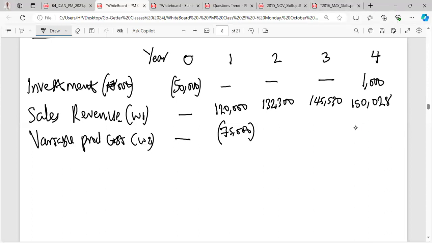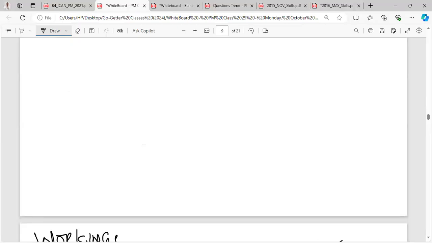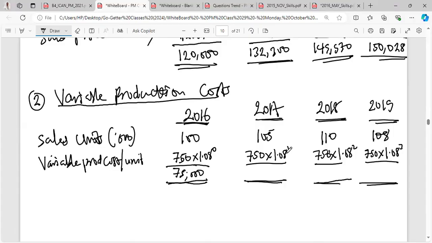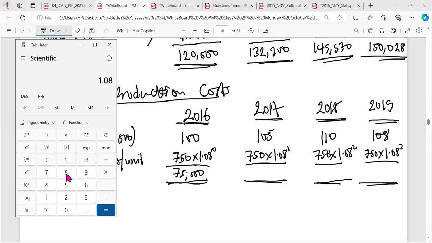Come back again. Do the second one. Now we know that anything raised to power 1 is that thing. So we just say 1.08. You don't need to say raised to power 1 because it will give us the same thing. Multiplied by 750, then multiplied by 105.